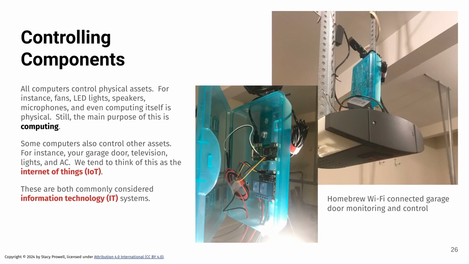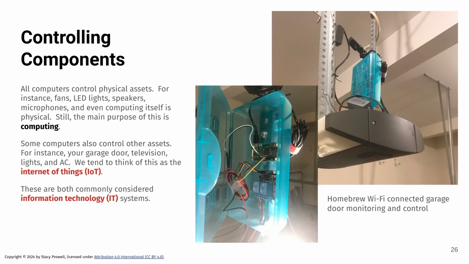And then down here below, we have a pair of optically isolated relays, and the Pi controls those. This is a way to control a garage door opener, in this case using a Raspberry Pi Zero, which has Wi-Fi on it and allows you to open and close and check the status of the garage door.